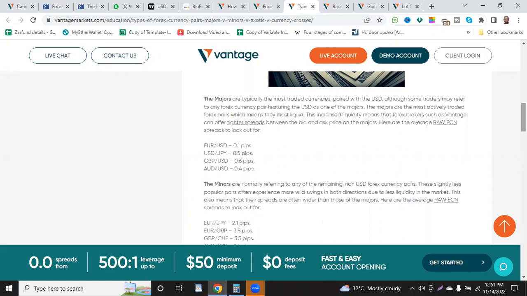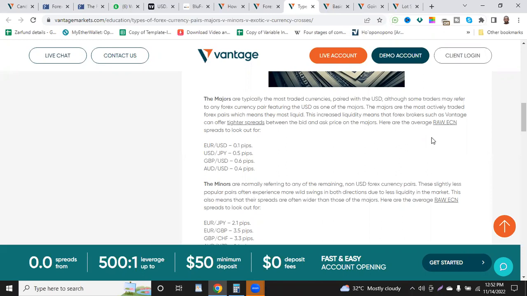So the reason why traders concentrate more on the major currency pairs is because of the transaction cost. This spread is very small for major currency pairs. On Vantage Markets, the spread that we charge is very, very small.